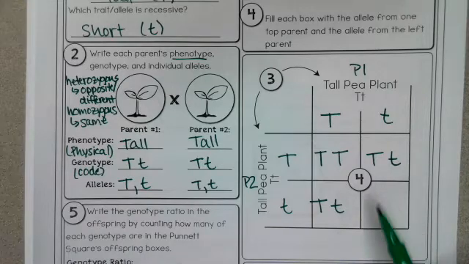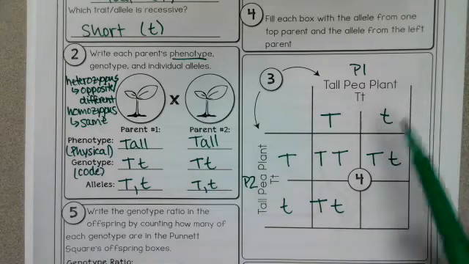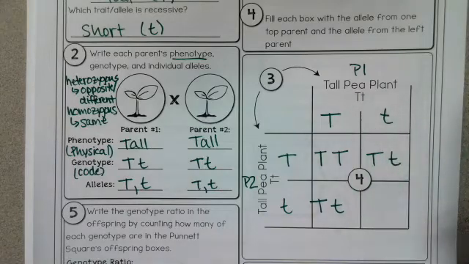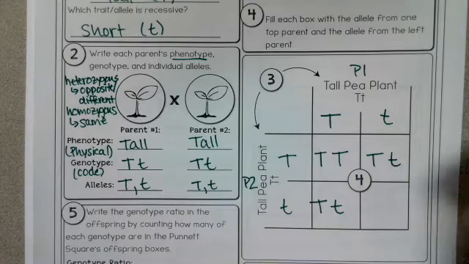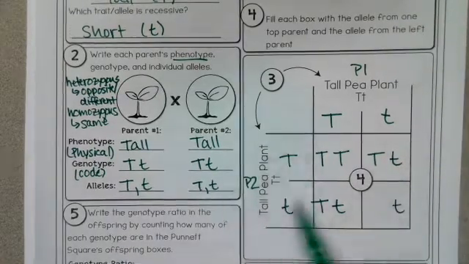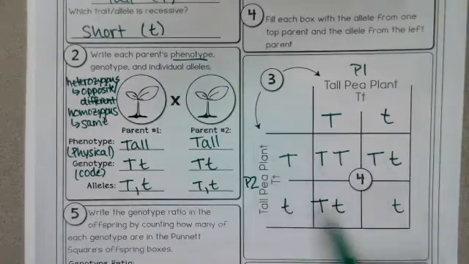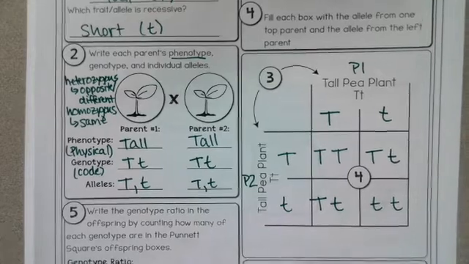And lastly, we have baby number 4 right here in this very last box that we have yet to fill in. Let's look at what parent number 1 is going to give to baby number 4. Parent number 1 is going to give that recessive allele. And once again, because we don't know yet what parent number 2 is going to give baby, we're going to put that recessive allele towards the end. Then we can look at parent number 2 and see that parent number 2 only has a recessive allele to donate.